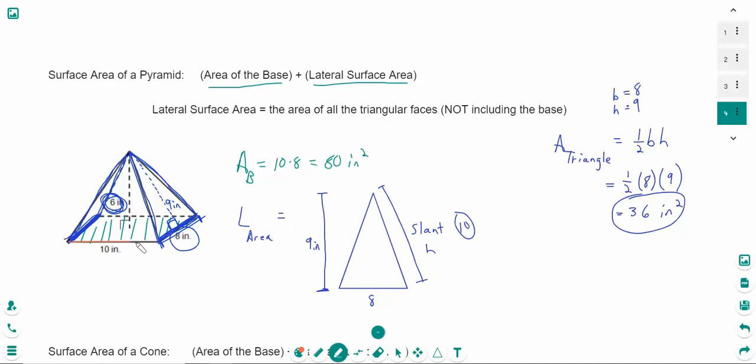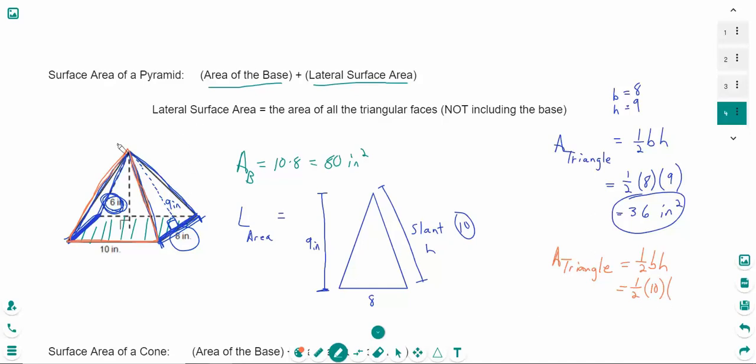So that would mean we have to look at this triangle face right here. If we're looking for the area of it, the area of the triangle equals 1/2 times base times height. This base is 10, so we're going to have 1/2 times 10. Now what's the height?